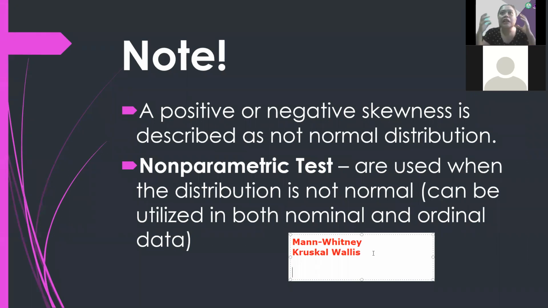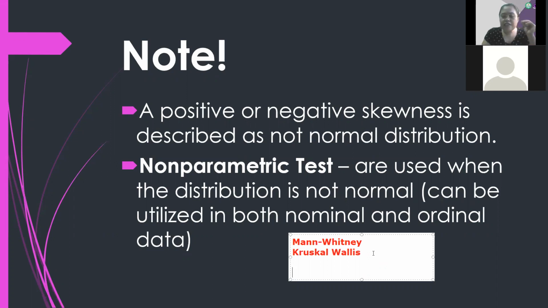Pero pag ang question niyo, class, is there a significant relationship? We are determining if there is a relationship that exists between the variables. Pag parametric test yan, we have to use the Pearson R correlation. Hindi ako sure kung familiar na kayo diyan, but that's Pearson R for the parametric test of correlation.